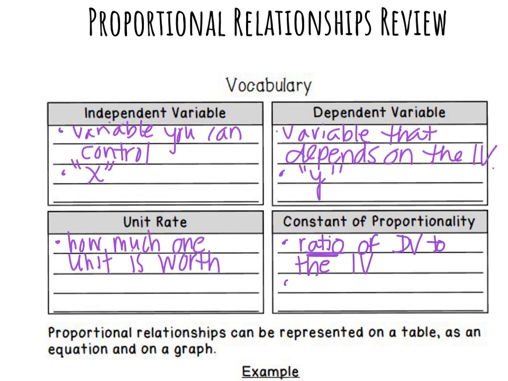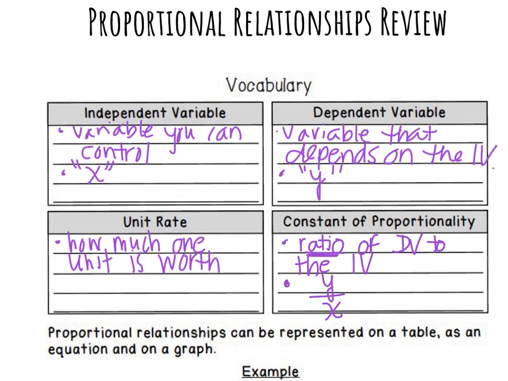So in another way of saying it, the constant of proportionality is y divided by x, because ratio just means division or to be written as a fraction. So when I find the constant of proportionality, I'm going to be dividing y by x.